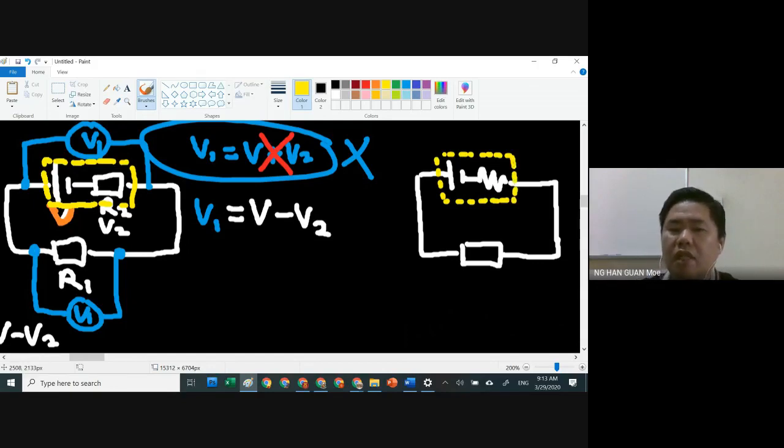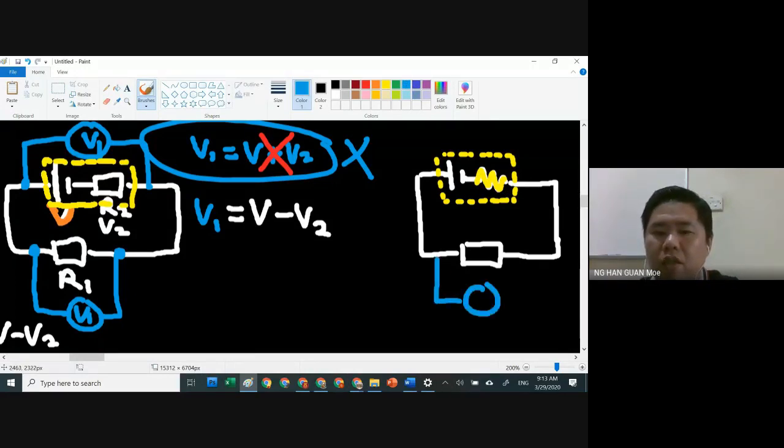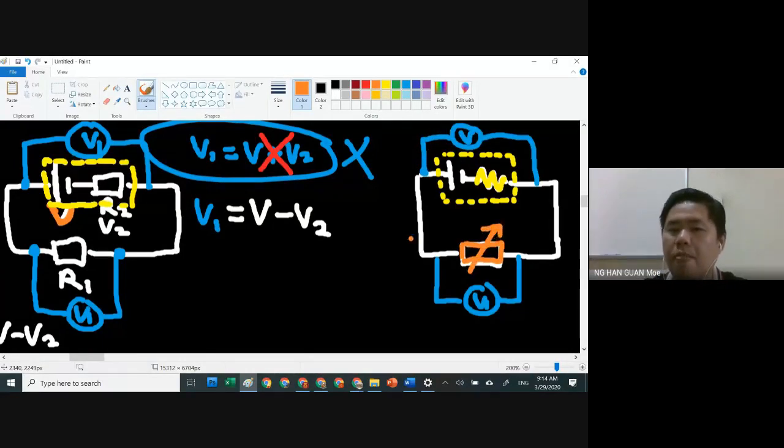When we connect here, this V1 is just like connecting a voltmeter across the battery. Here I change it into a rheostat so that I can vary the current to see what happens to the voltmeter result.